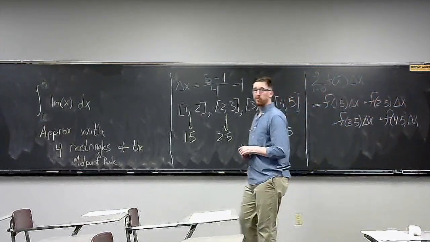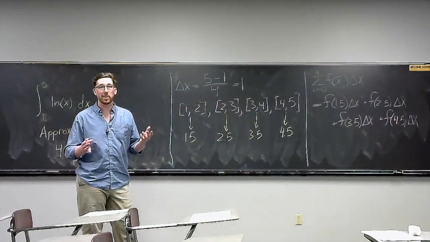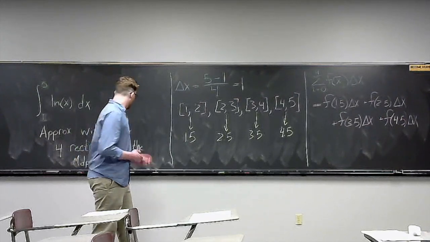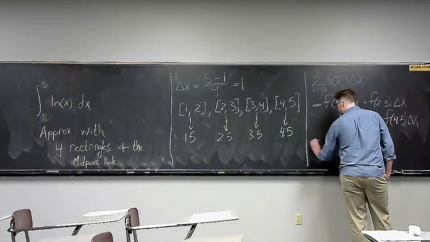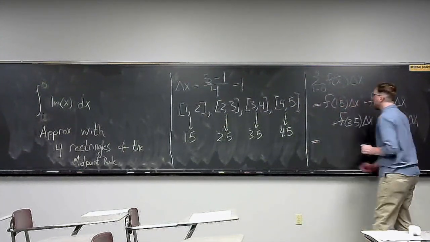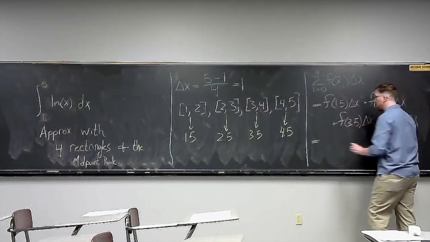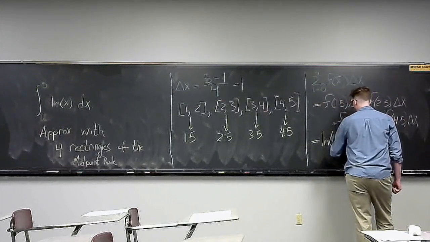So that's it. Now we're going to go through and evaluate all this. Our function f here is the ln. So we could go one step further and actually start putting numbers in. F at 1.5 is just the ln at 1.5 times delta x.